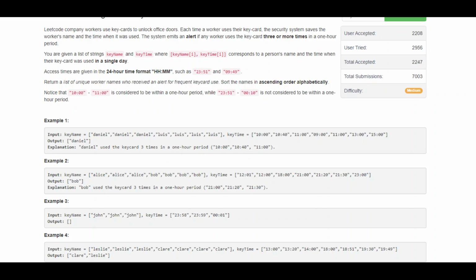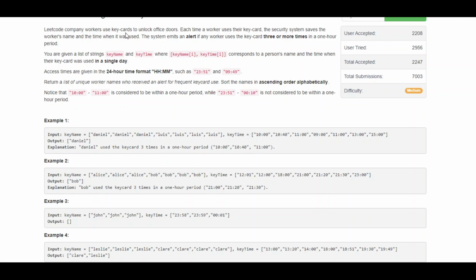This is a big title for a VidCode question, probably the biggest VidCode title. And what this means is that the simulation in here is a company has many workers. Each worker has a unique name, and the worker enters the office multiple times a day.